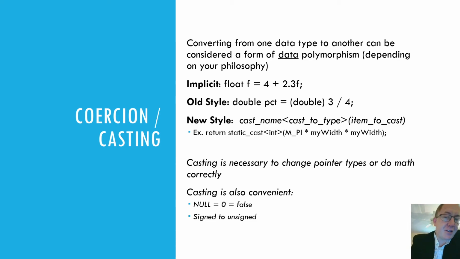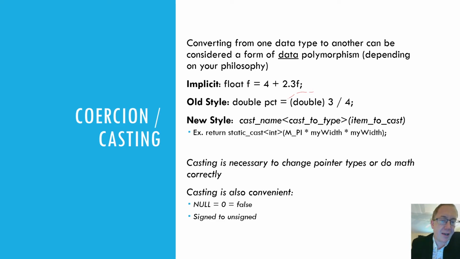And the percentage, if I don't do this, the value for percent here is going to be 0, because I'm doing integer arithmetic, and then converting it over to a double. So instead I can say, no, I want that 3 to be a double. That's an explicit cast. This is the old school way of doing an explicit cast. This is the way you can do on the exams.